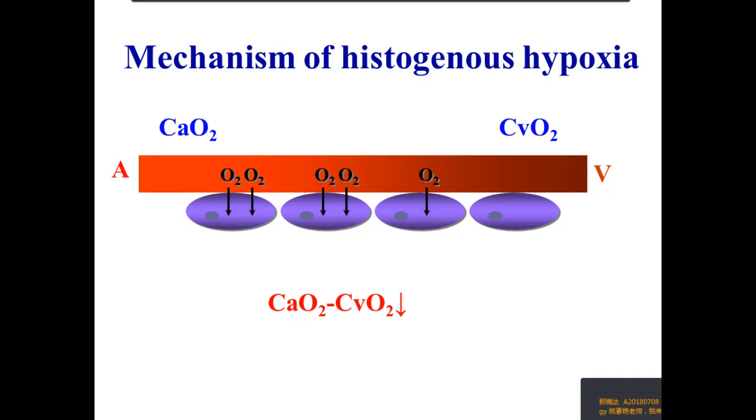During histotoxic hypoxia, because the difference is smaller, oxygen moving into the tissue cells decreases. So the arteriovenous difference will decrease. During histotoxic hypoxia it may be 4 or maybe 3, while normal is 5. Because oxygen moving into the tissue cell decreases, oxygen content in venous blood will increase.